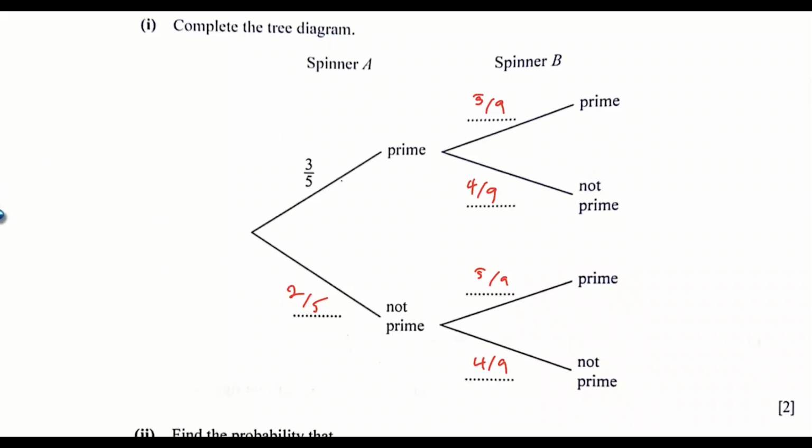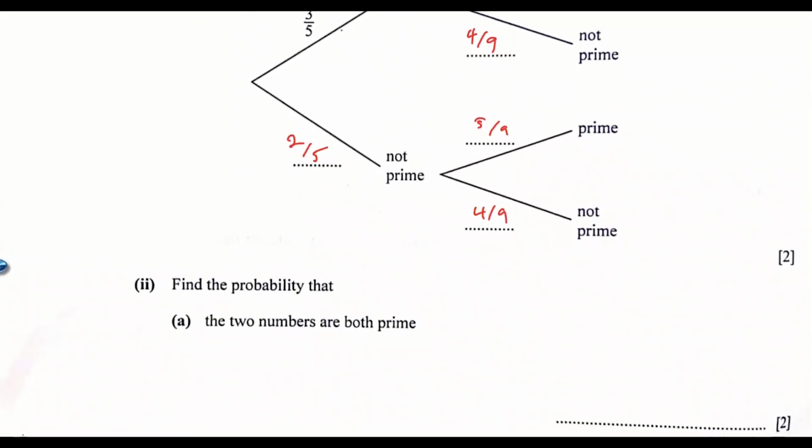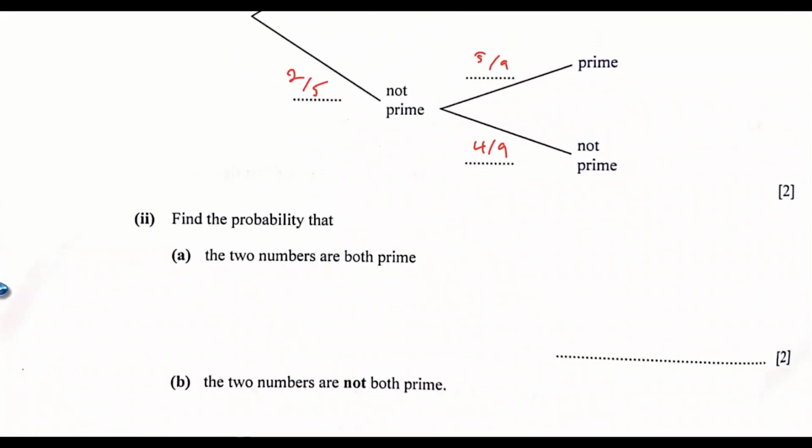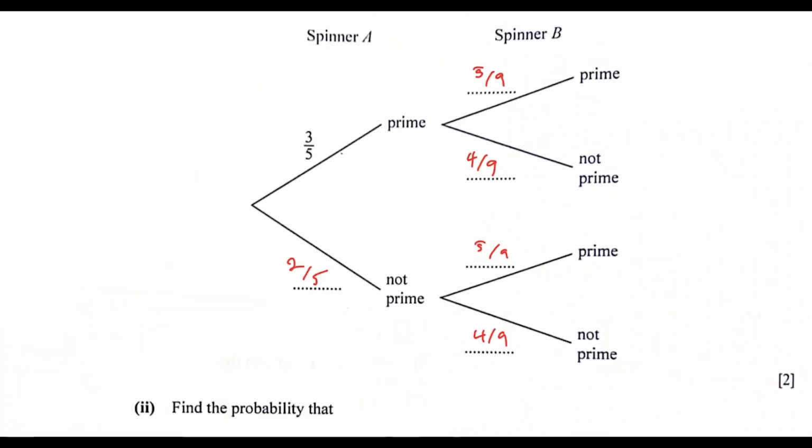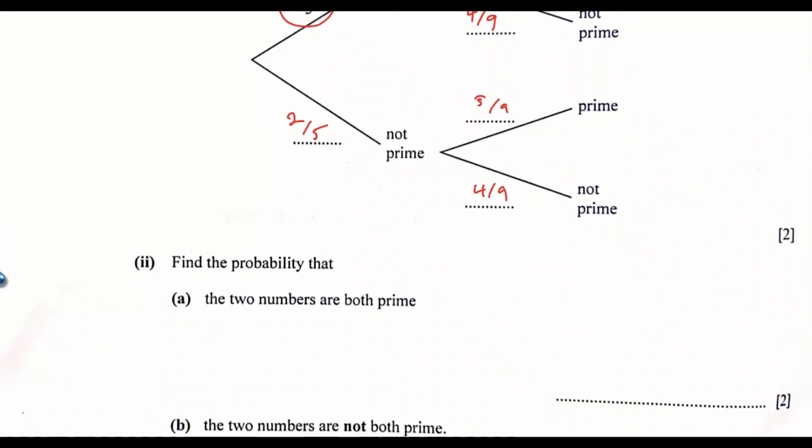Okay, so let's go to Roman figure 2. Find the probability that the two numbers are both prime. In this case it is prime here, 3 out of 5 and 5 out of 9. So we have 3 over 5 and 5 over 9, and that means multiplication, over 9 here.